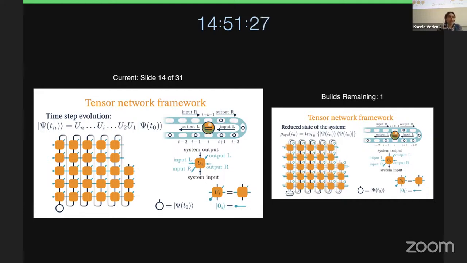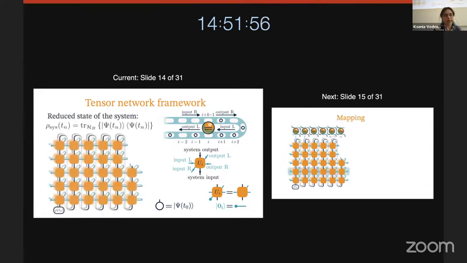And it's a 2D tensor network, and these are usually hard to contract. Moreover, we actually want to look at the dynamics of the atom itself, right? So for that, we need to consider the reduced density matrix of the atom. I take the tensor network corresponding to the wave function and another one, and I make a sandwich.